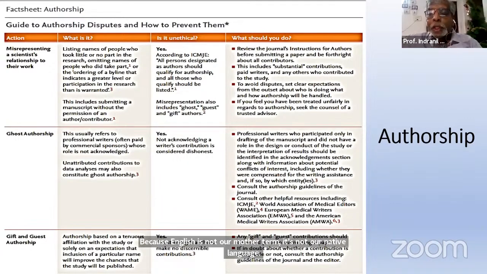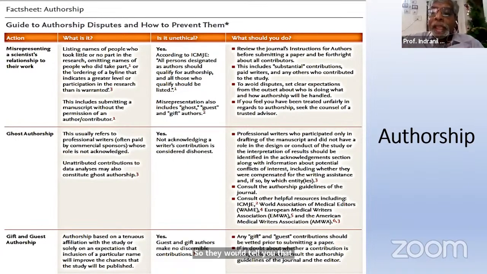So they would tell you that there are professional language editing services available, of course at a very high price, to help you in your final drafting of the manuscript. Now, that does not mean that you will put in the name of that individual as an author, because that individual, she or he, may not even be remotely related to your domain of work. So these are typical examples of what you call ghost authorship.